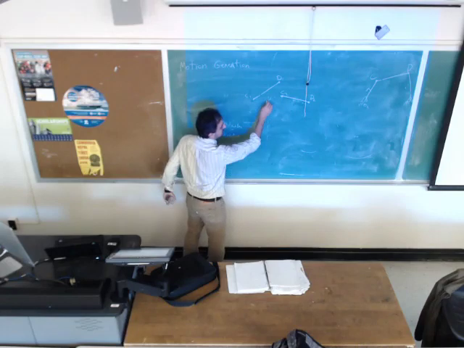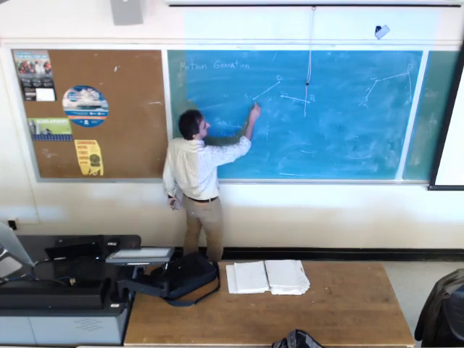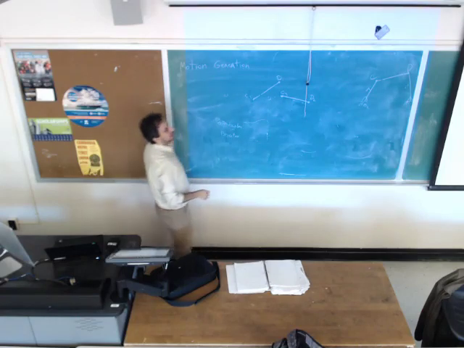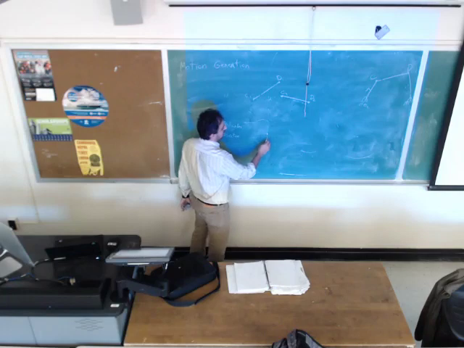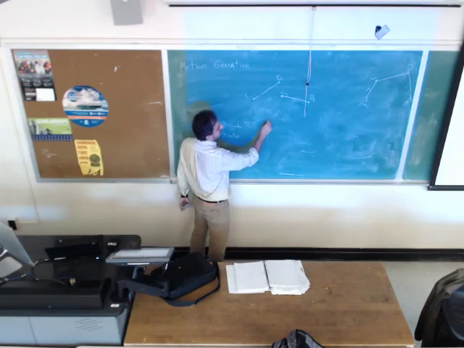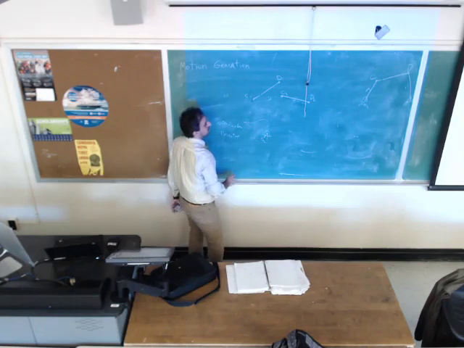Any point on this line has this specification. It has the same distance from C1 and C2. So you are free to choose any point on this line. I pick this point. You can pick this point. So I'll pick this point and fix it as O2.